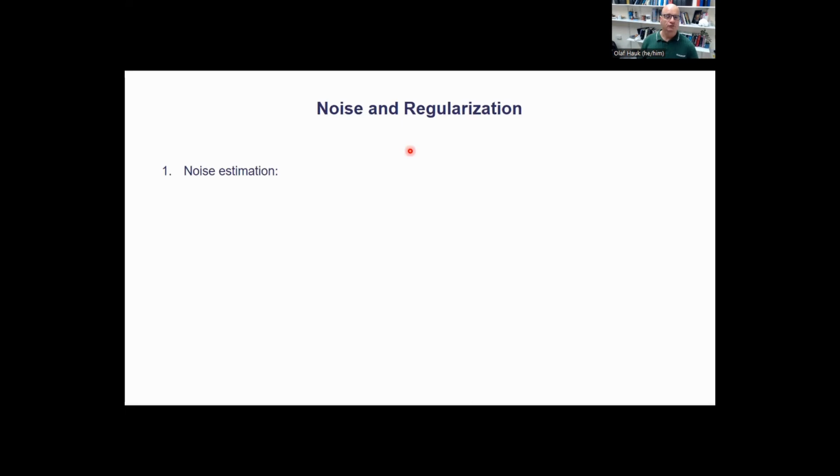So finally, just a few more remarks. I mean, noise estimation is a bit of a dark art, I would say. Because for distributed source methods, baseline activity is not really noise. So if we estimate our noise covariance matrix from the baseline, we are using activity which is mostly coming from the brain. So we are probably overestimating our noise level.